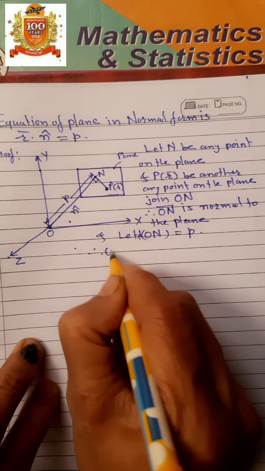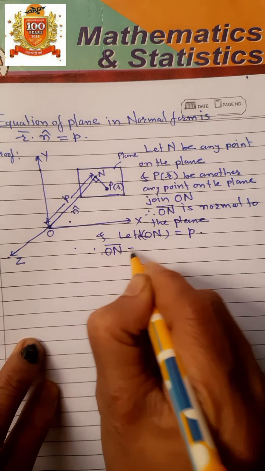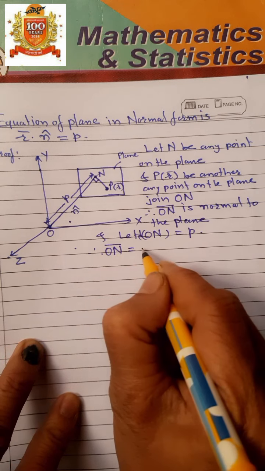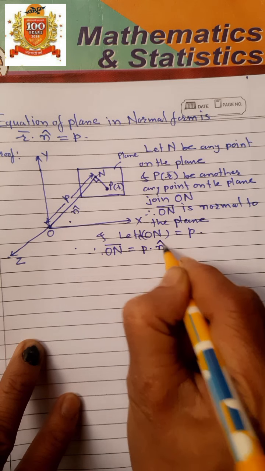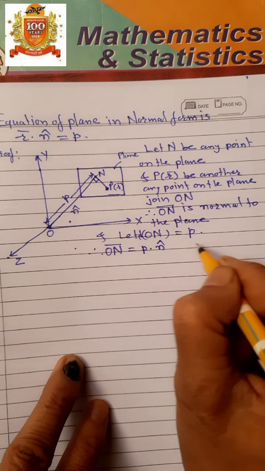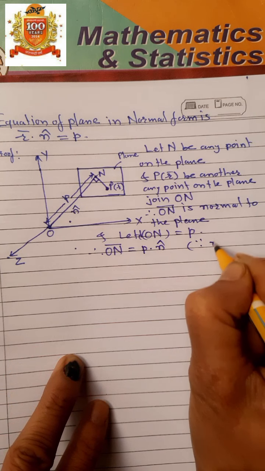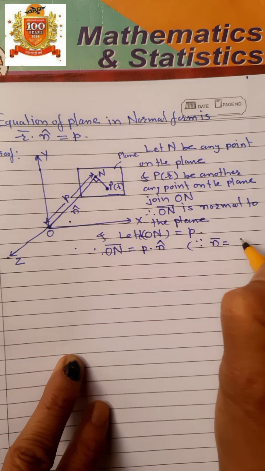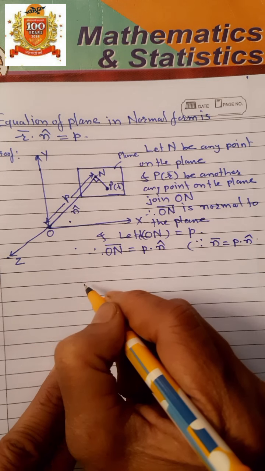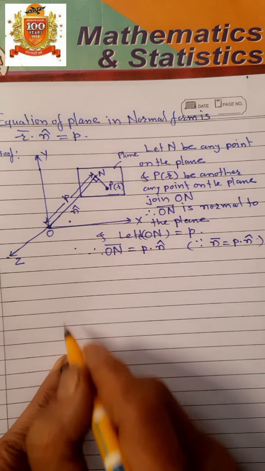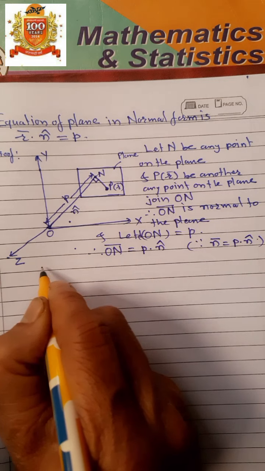Therefore, ON bar is equal to p dot n cap. Why? Since n bar is equal to p dot n cap, isn't it?